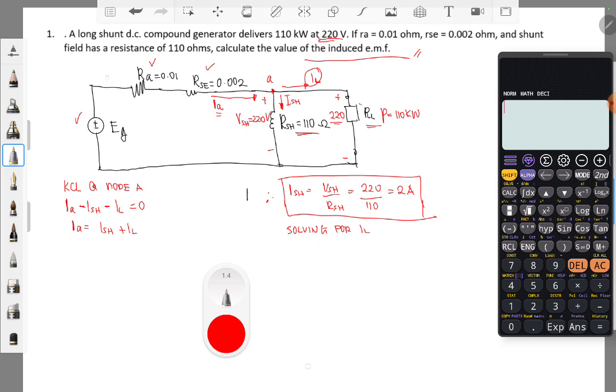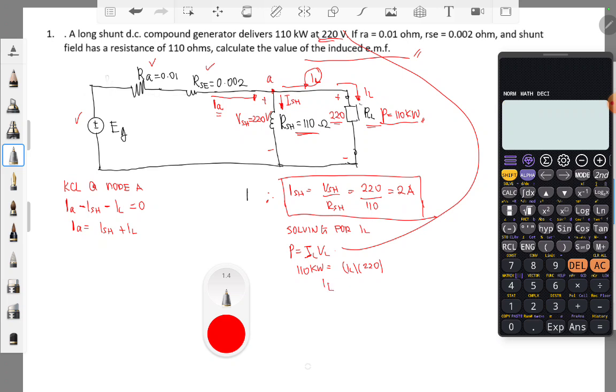In order to solve for our IL, we would consider the load, of course. We all know that our P is equal to IV, and the I entering our load is our IL. So we may say that our power, which is equal to 110 kilowatt, is equal to my I, which is unknown, multiplied by my VL, which is of course the voltage of the load, equal to 220 volts.